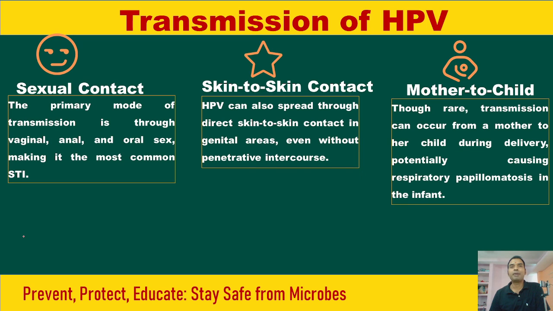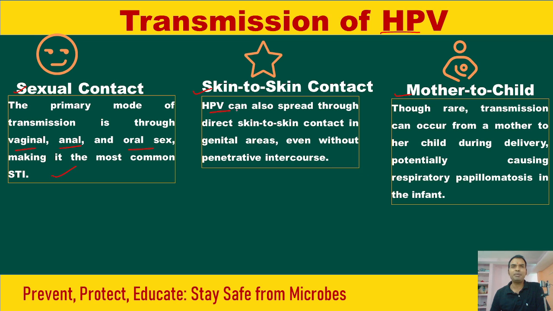Now I am talking about the transmission process of this human papilloma virus. Actually, there are 3 methods: sexual transmission, skin to skin contact, and mother to child. The primary mode of transmission is through vaginal, anal and oral sex, very important. It is the most common sexually transmitted infection.